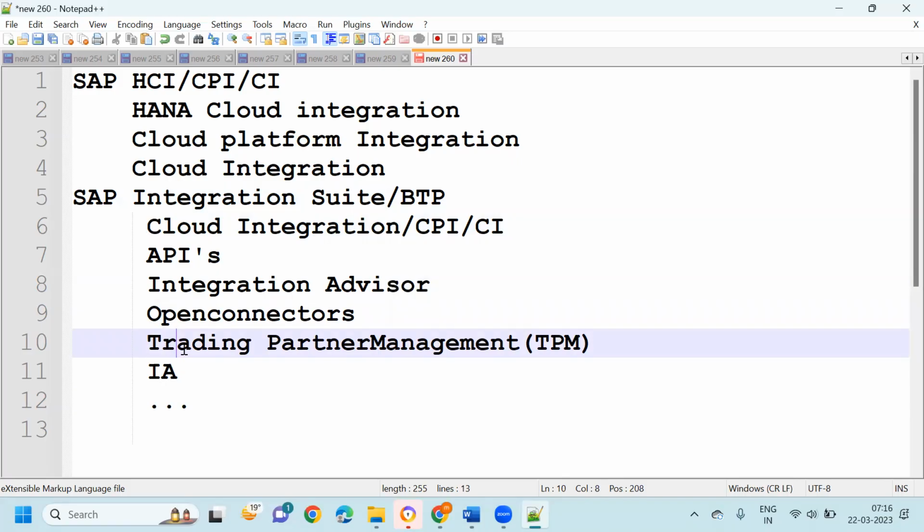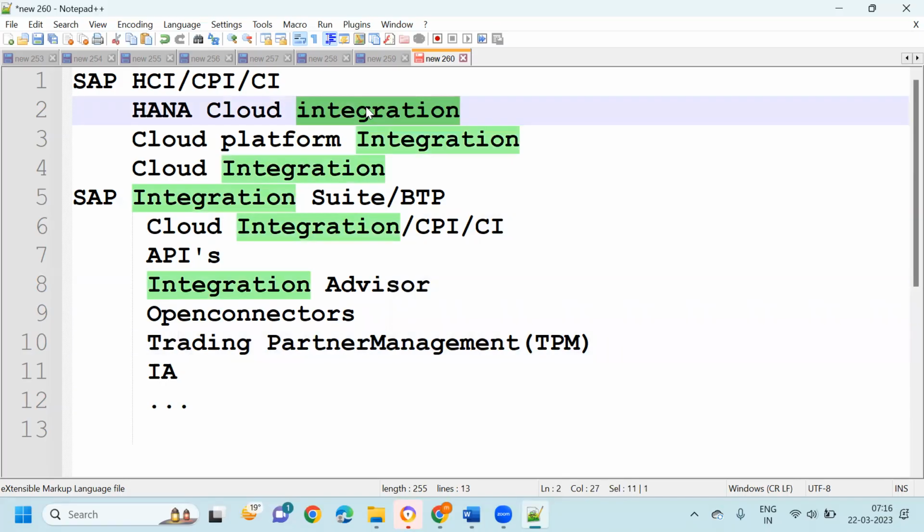So simply you need to remember, guys, wherever you see the integration concept here, it means it is used only for integration purposes. What type of integration? It is mainly used for cloud integration. So indirectly it is called a cloud integration technology.